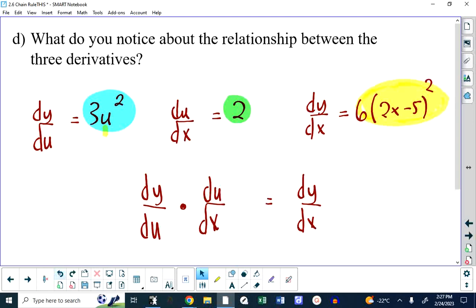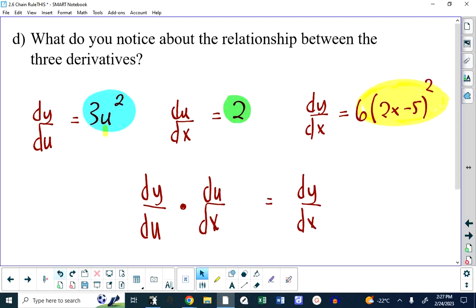The reason you can't cancel those is dy du is an instantaneous rate of change of y with respect to u, which means du is infinitely small. Whereas du dx is a rate of change of u with respect to x, which means x is getting infinitely small. Your du in one is not the same as your du in the other. Derivatives are not to be treated as a fraction.